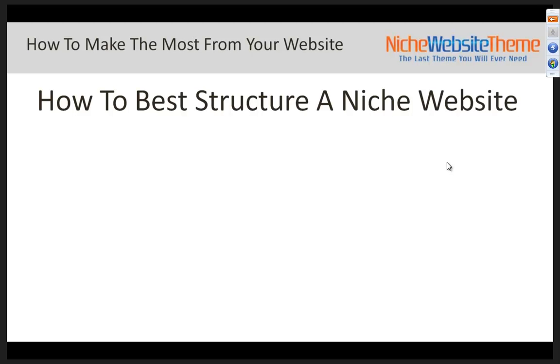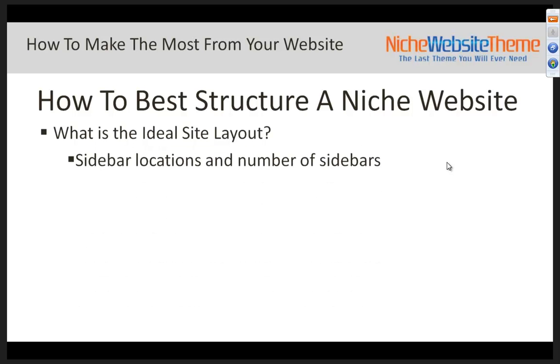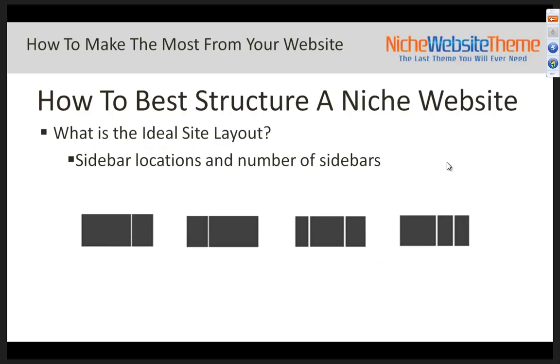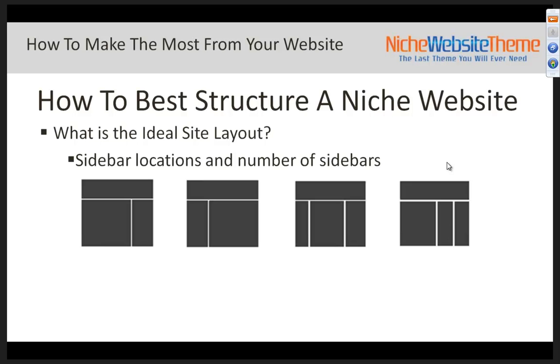First I want to talk about how to structure a niche website, and really what I mean is the overall layout for the site. Now, is there an ideal site? Here I'm going to give you an image of maybe 4 popular or common layouts as far as sidebar locations.